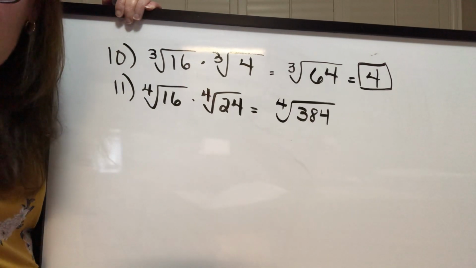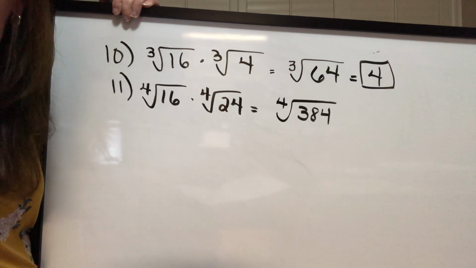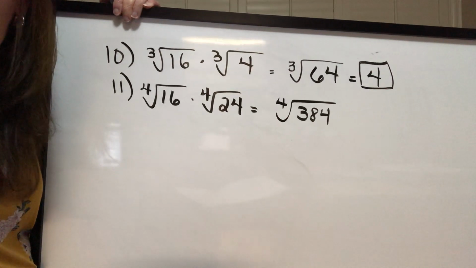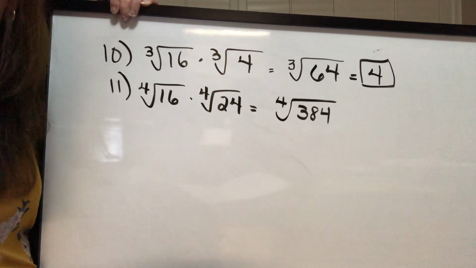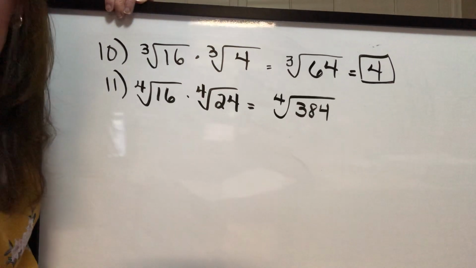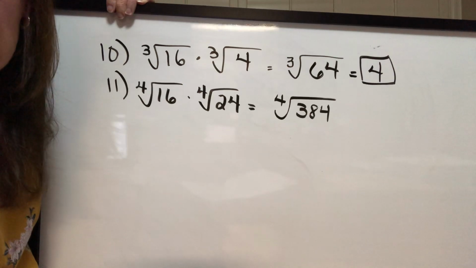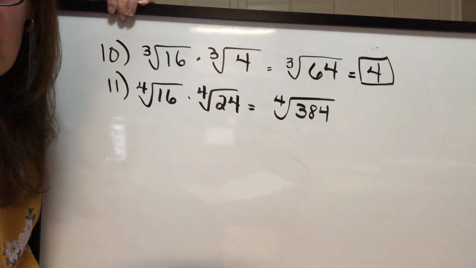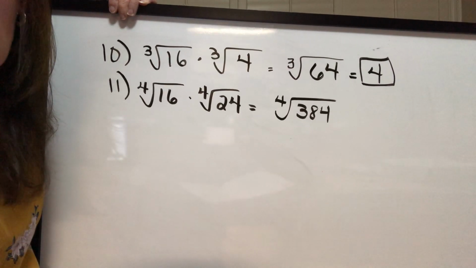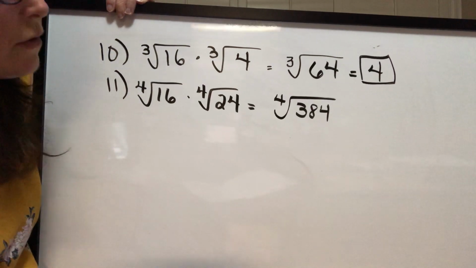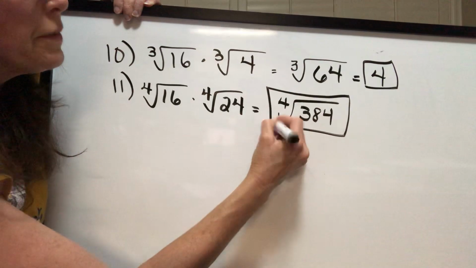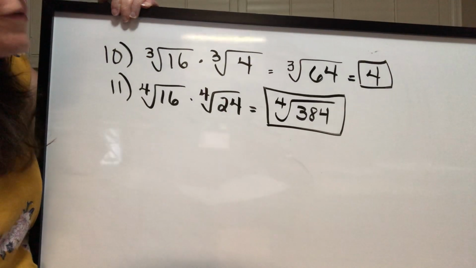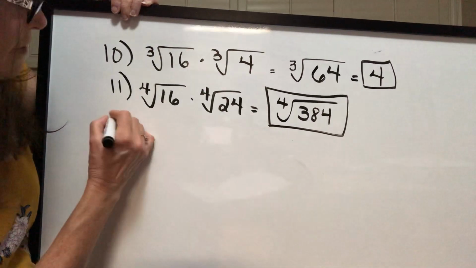Let's find out. Go under math, choose number 5, and put in 4th root of 384, and your answer is a decimal. I'm getting like 4.426727, and so on. That is not a whole number. If it's not a whole number, you can just leave it in the form that it's in. So that would be your answer, 4th root of 384. It's not able to simplify.